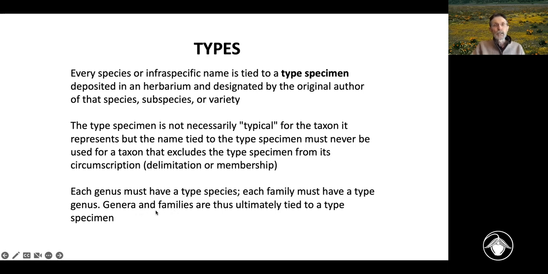And so genera and families are ultimately tied to a type specimen as well. So these specimens are really the final arbiters of the identity associated with a particular name.